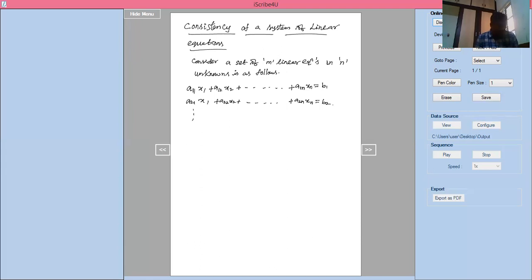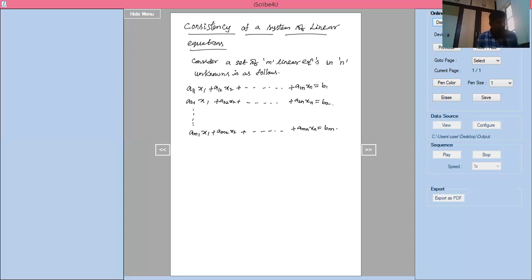Similarly, we will write up to m equations: am1x1 plus am2x2 plus and so on plus amn xn equal to bm. This is m equations, n unknowns.